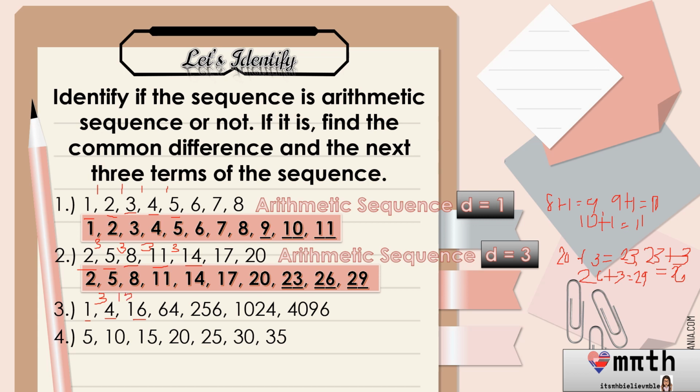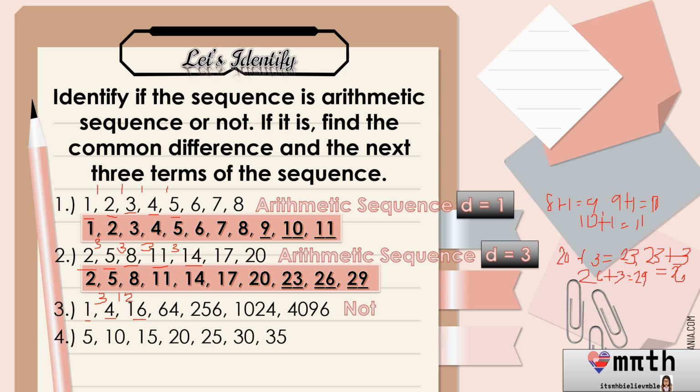As you notice, from the first 3 terms being subtracted, there is already a different value of differences. So, therefore, we don't have any common difference. And since we have no common difference, we can say that this is not an arithmetic sequence. Okay?